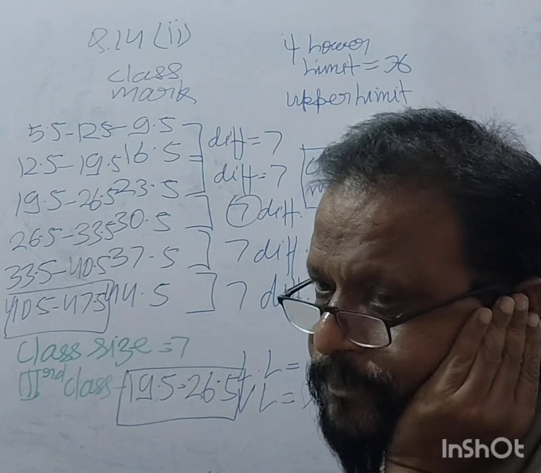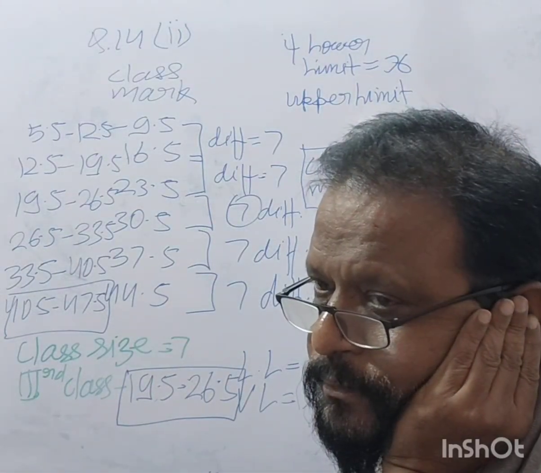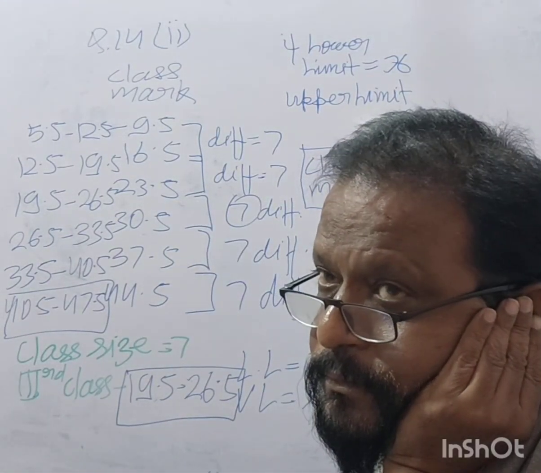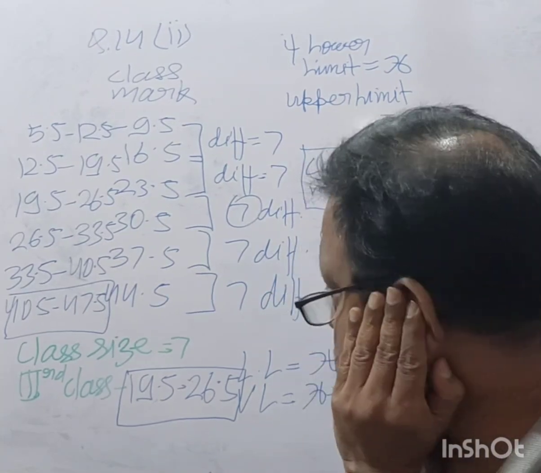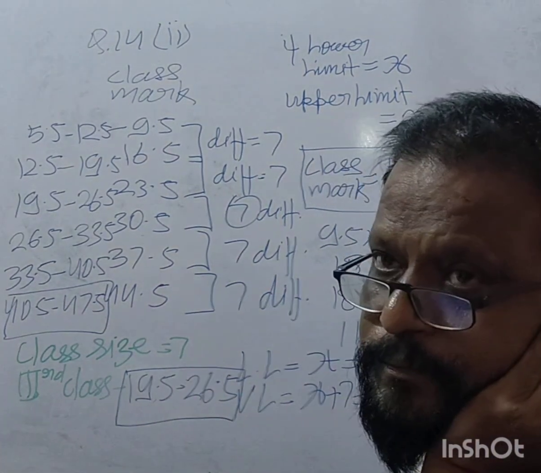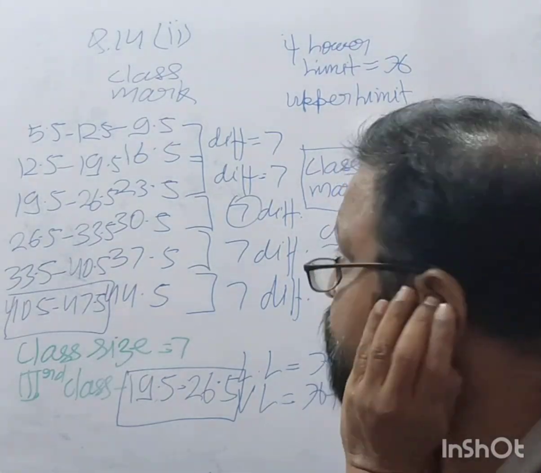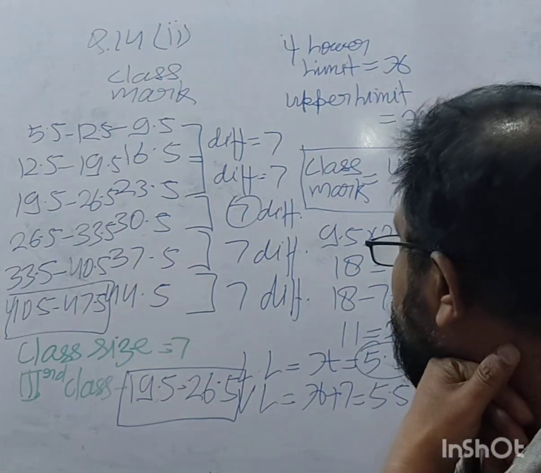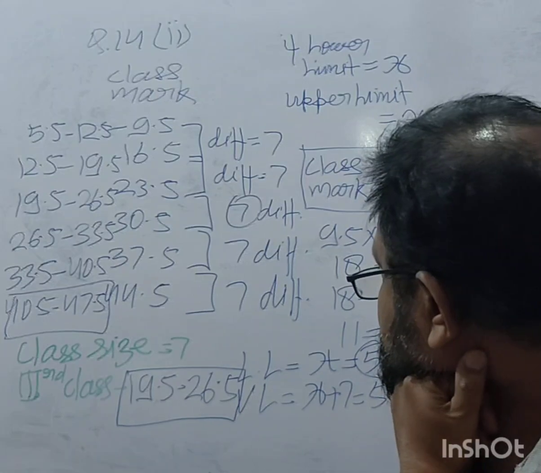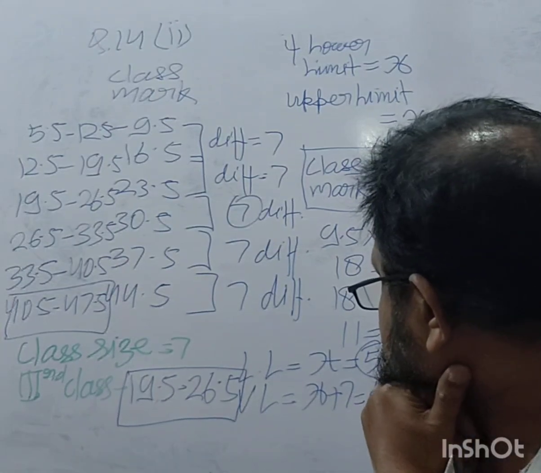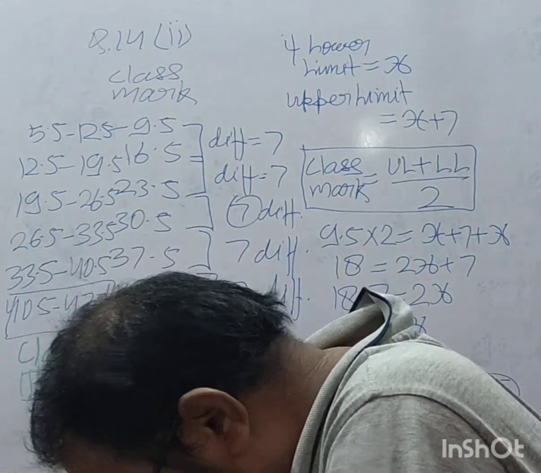Class size is how much? Class size is mentioned here as 7. What is the answer? So 7, lower limit is equal to 20 and upper limit is 27. Oh, wrong.